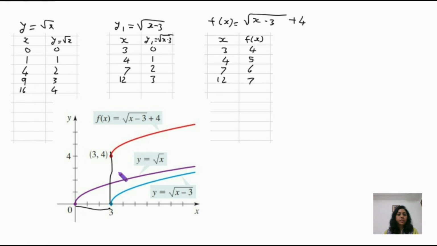Okay, this is 3 units right side, 4 units upside. So very simple questions. We just have to find out which is the original function, and then find out the vertical or horizontal shift. So very simple questions.